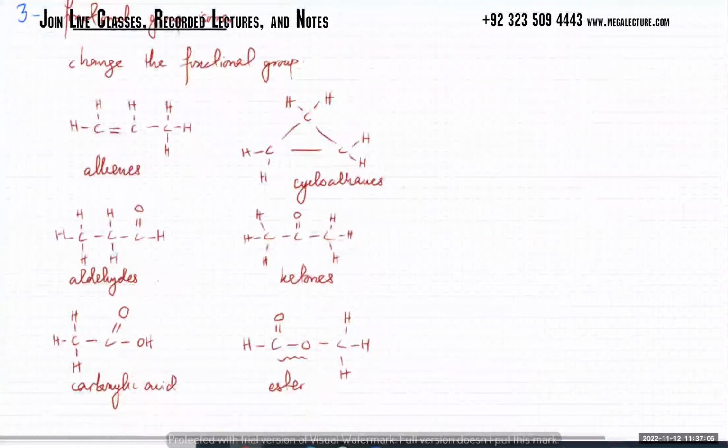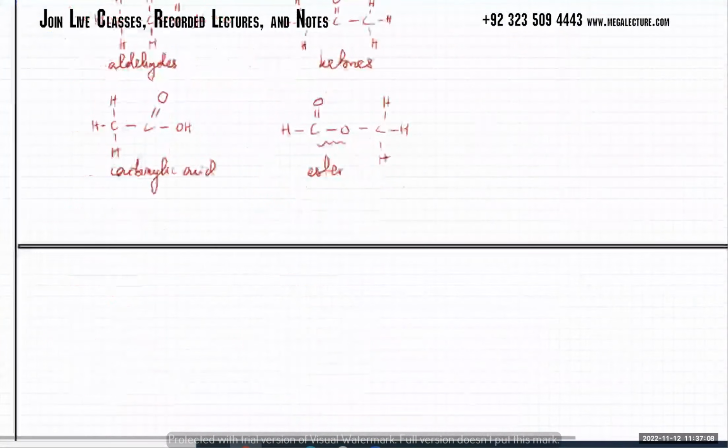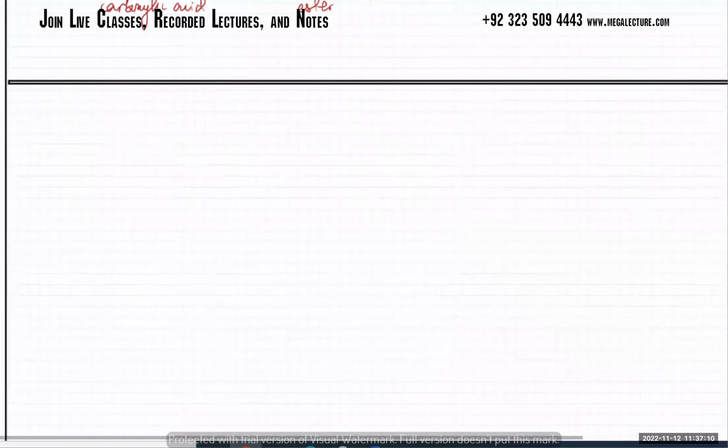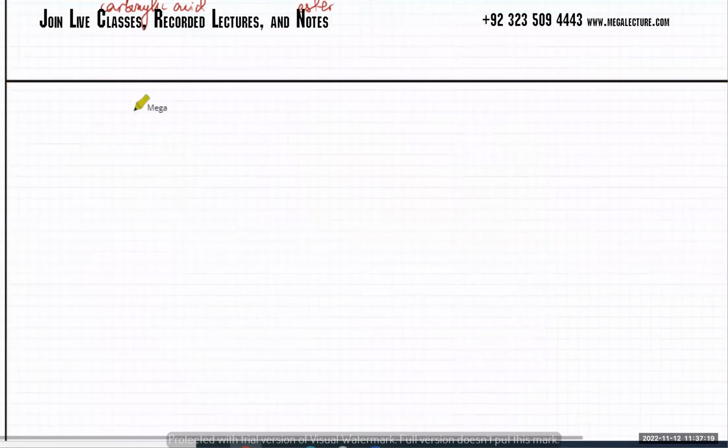अच्छा, this is the isomer that you know of. Now there's another type of isomer, and that type is known as stereoisomer. So what is the definition of a stereoisomer?